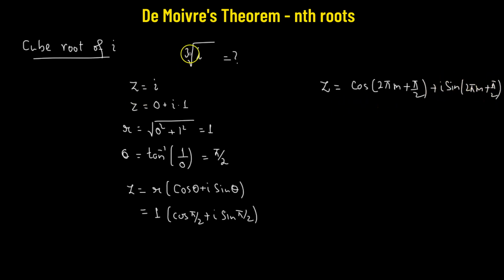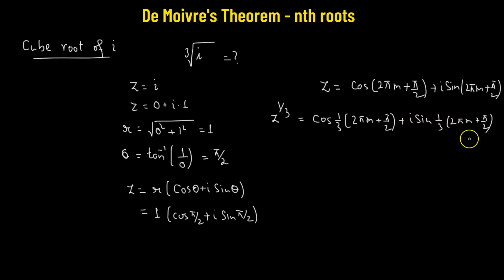And what do we want to find? We want to find out the cube root. So that means z raised to the power of 1/3. That will be equals to cosine. So we are straight now going ahead and applying the De Moivre's theorem. So we have cosine of 1/3 multiplied to 2 pi m plus pi over 2 plus iota times sine 1 over 3 multiplied to 2 pi m plus pi over 2.